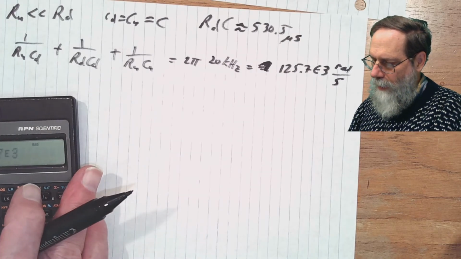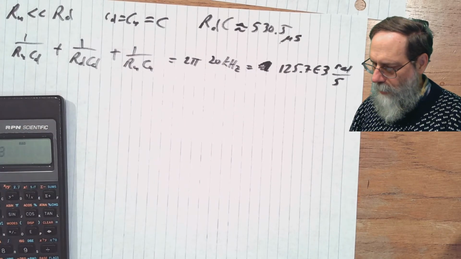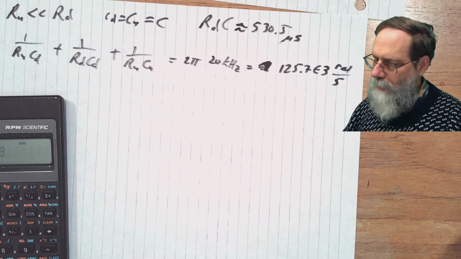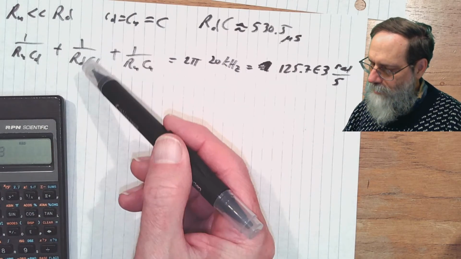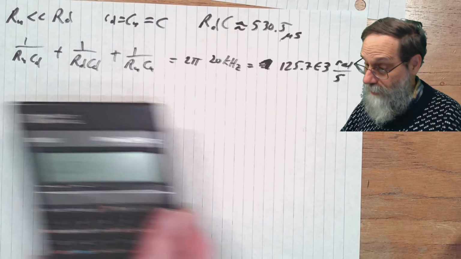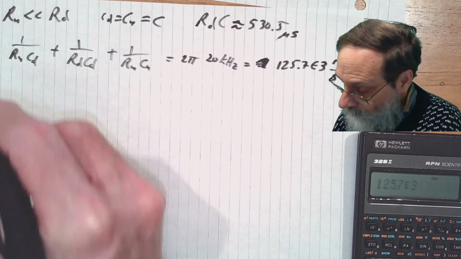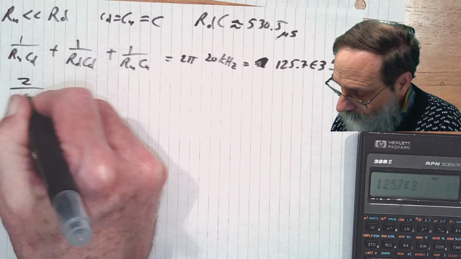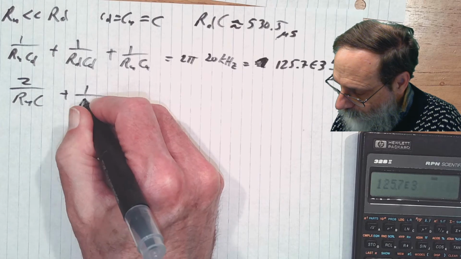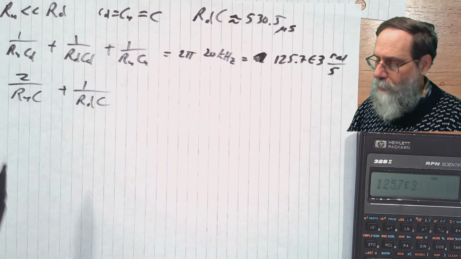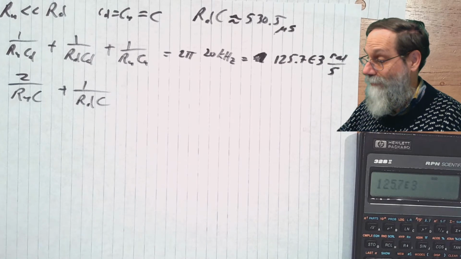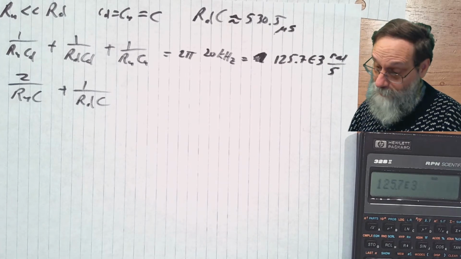All right. Can we simplify this thing? Again, all the C's are the same. So we've basically got 1 over RUC, 1 over RDC, 1 over RUC. Well, the RUCs are the same, so those can be added. So we have 2 over RUC plus 1 over RDC. But RU is very much less than RD, so 1 over RDC is much smaller than the 2 over RUC.